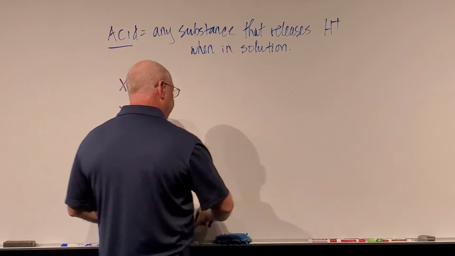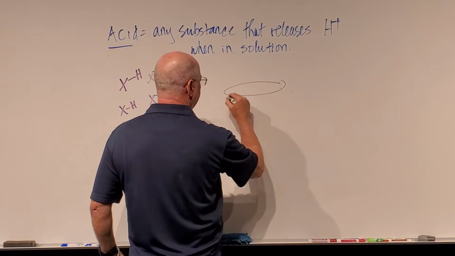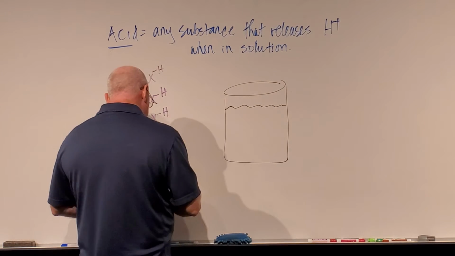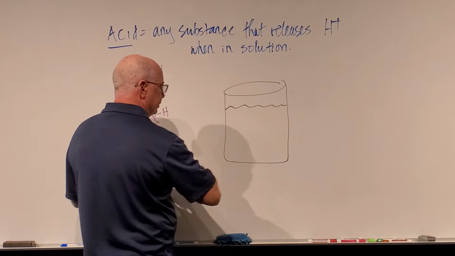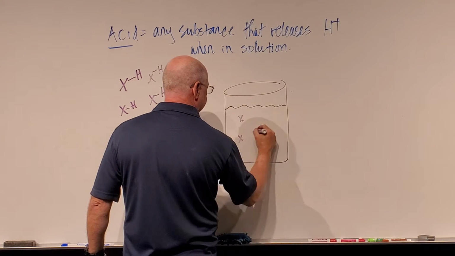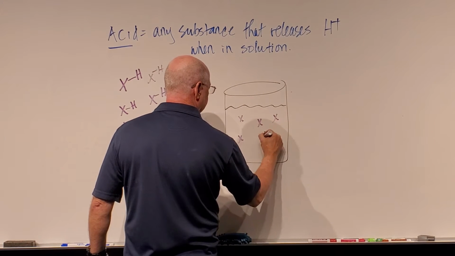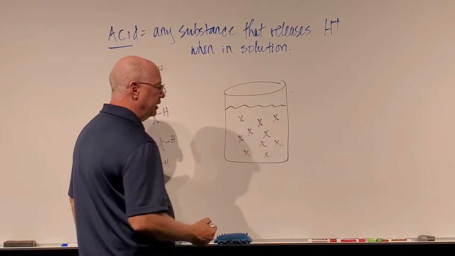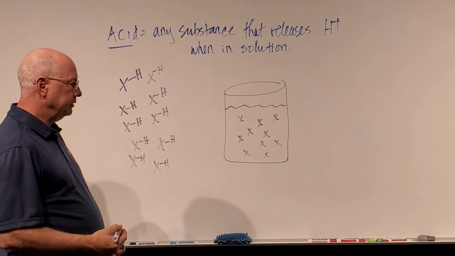And I have a glass of water, a solvent. If I take these 10 molecules of X and I dump them in here, so I got 10 of them floating around.